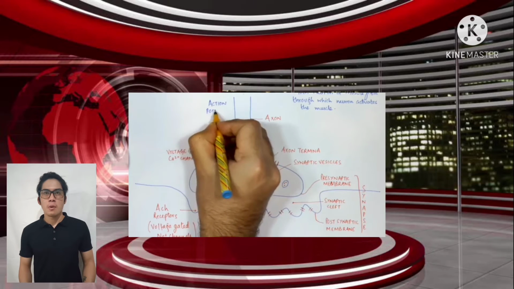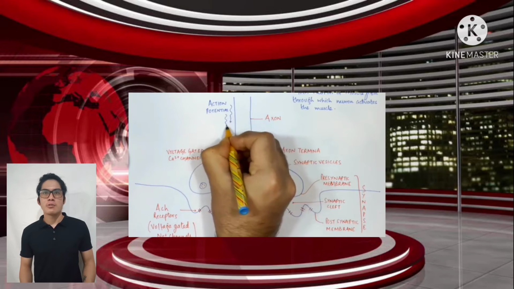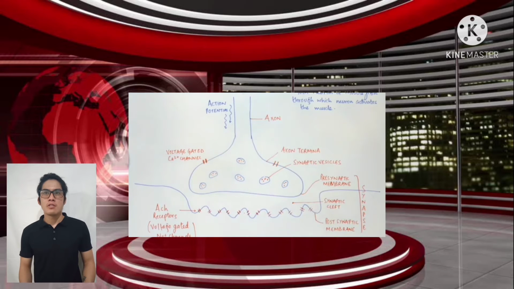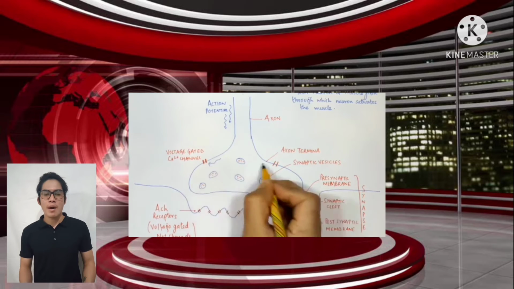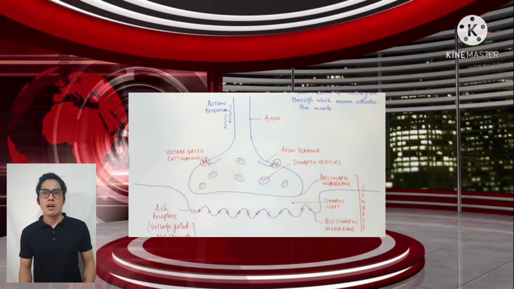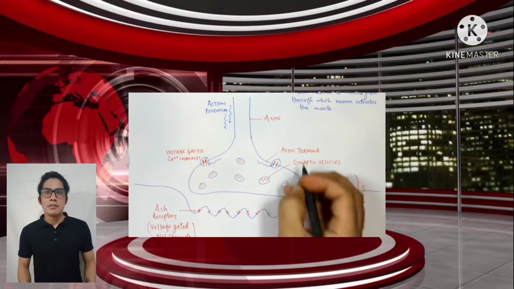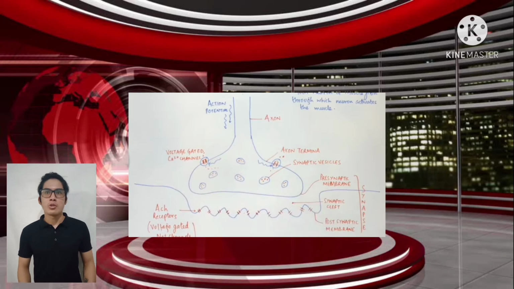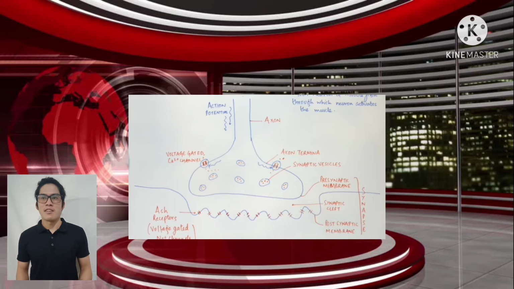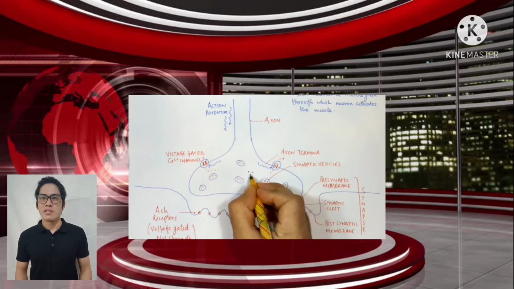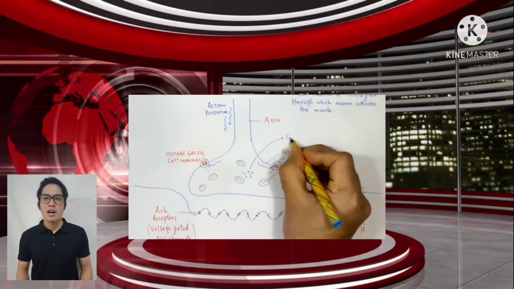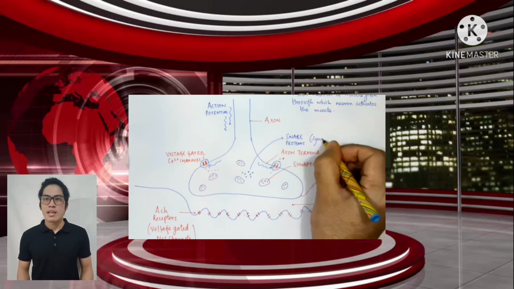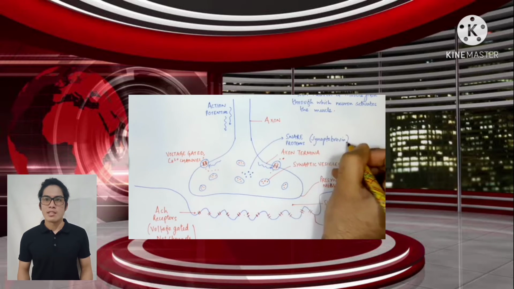It all starts when the action potential reaches the axon terminal. This action potential first acts upon the calcium channels, since they are voltage-gated. These open up and cause the influx of calcium into the axon terminal. After this influx, the calcium activates a group of proteins known as the SNARE proteins, which include proteins like synaptobrevin and syntaxin.